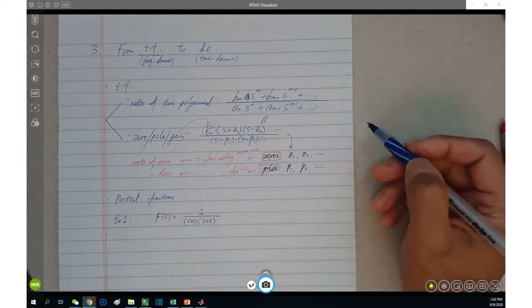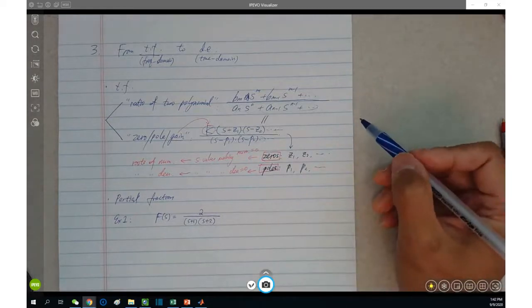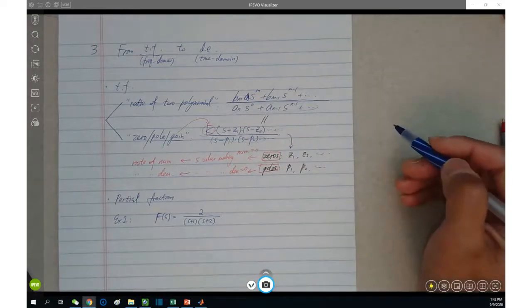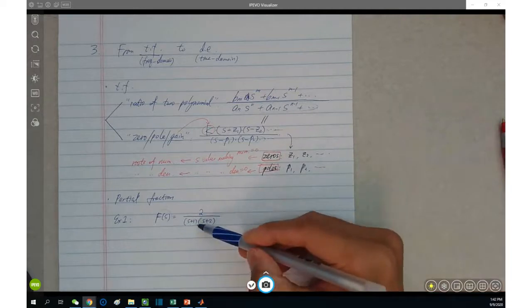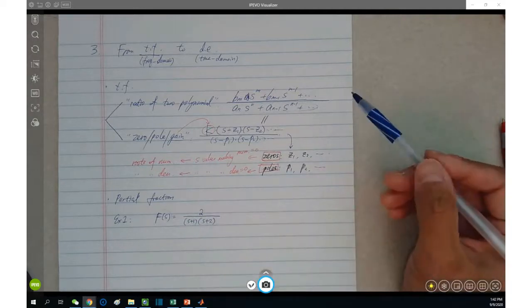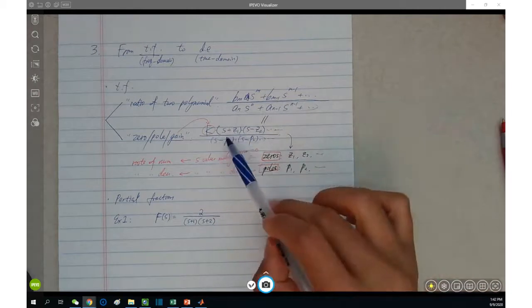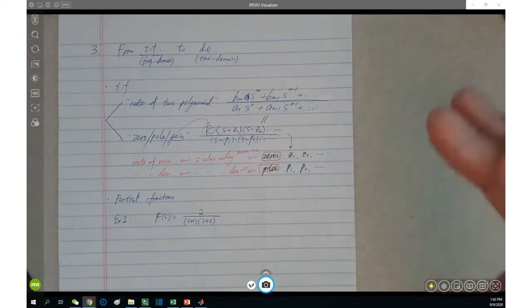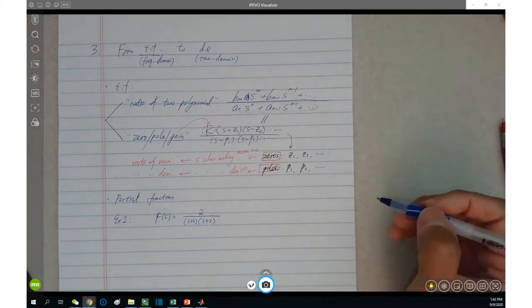Given the transfer function, or say an S domain model, capital F of S, equals 2 divided by S plus 1 times S plus 2. Obviously, this is the zero-pole gain format, which is easier for us to conduct the partial fraction. That's why we begin with it.